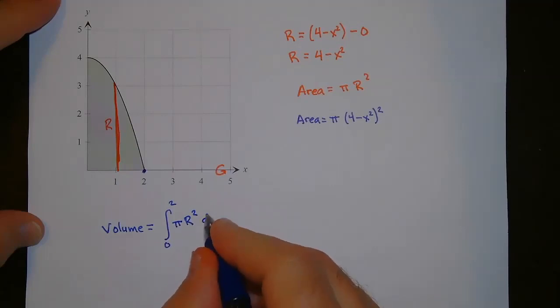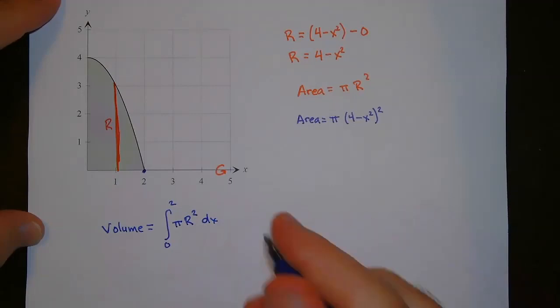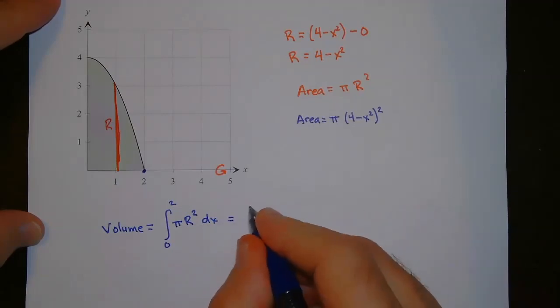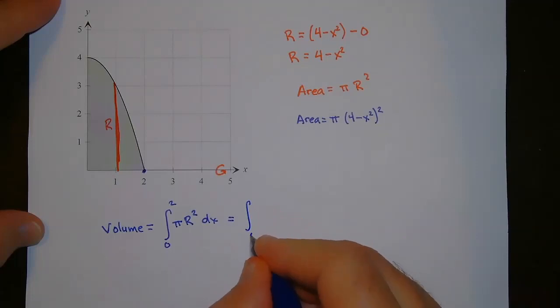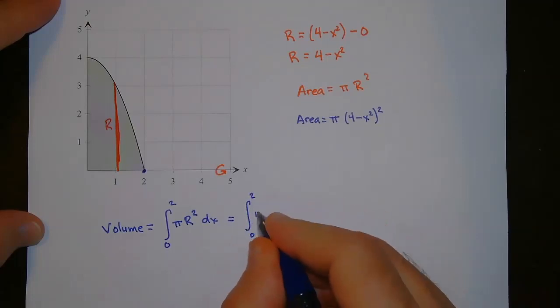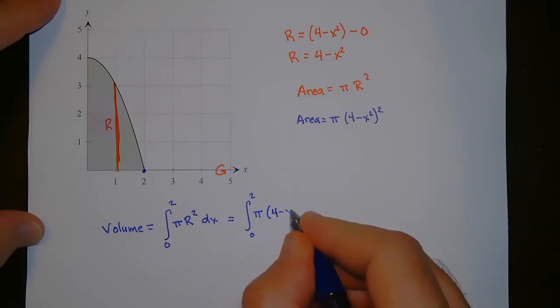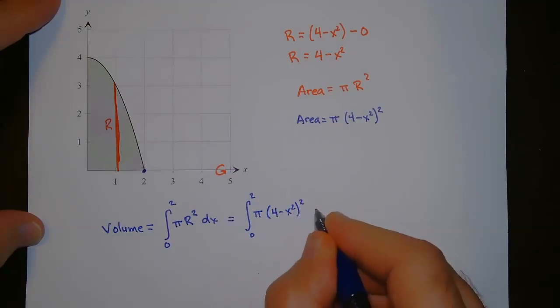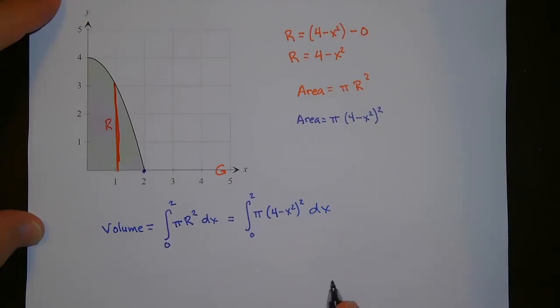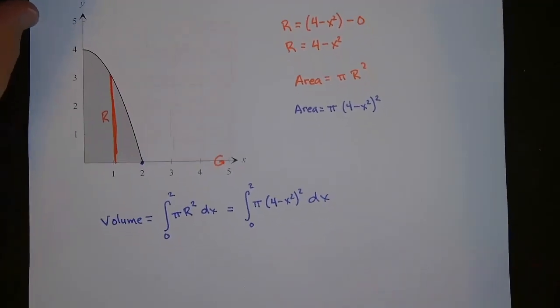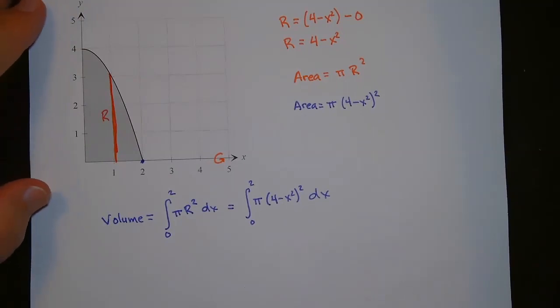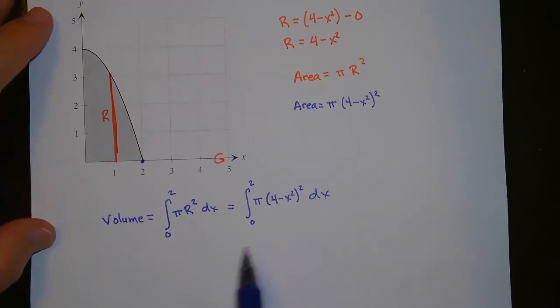And then if you multiply that by dx, that's going to give you the cubic units we're looking for, volume, okay? So this would be equivalent to the integral from 0 to 2 of pi times (4 minus x squared) squared dx. Okay, so I'm going to do this one by hand, and then show you with technology that we can also do this with a calculator, okay?